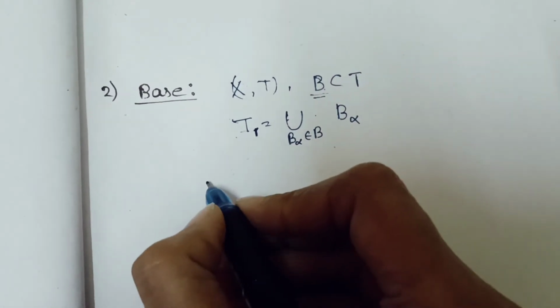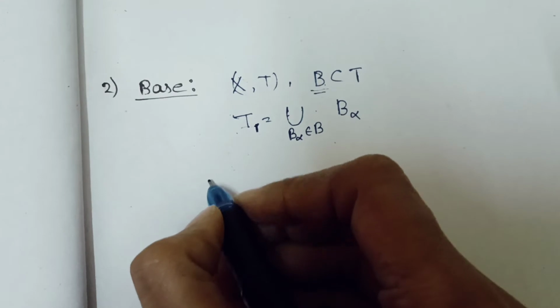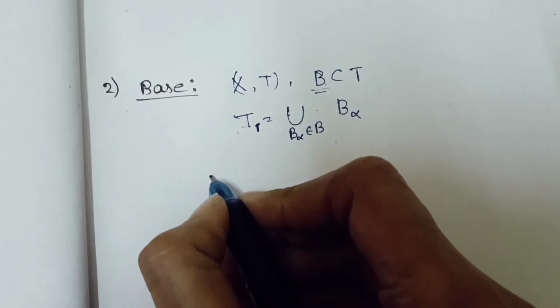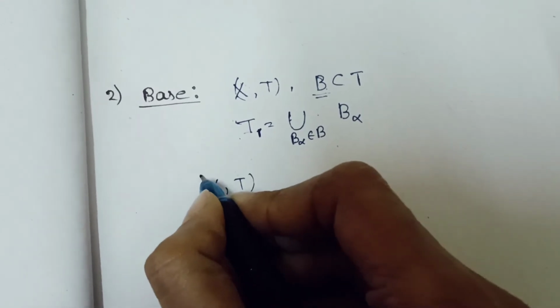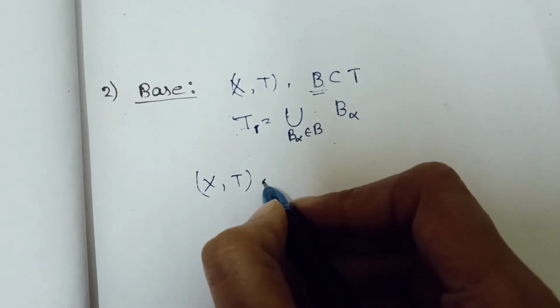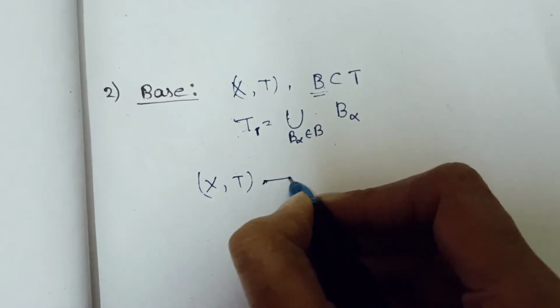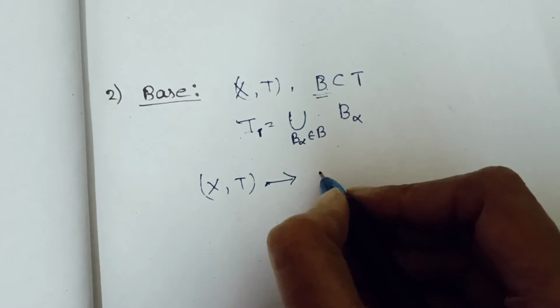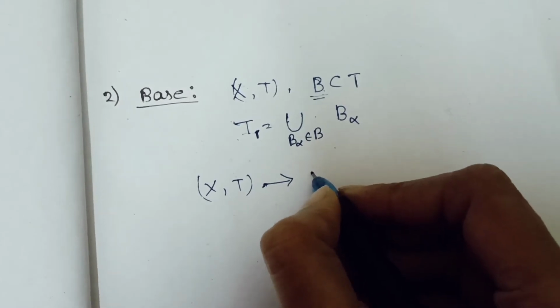Let us take some examples. Consider the topology (X, tau), where tau is the discrete topology, that means the power set of X. Then what is the base of T?